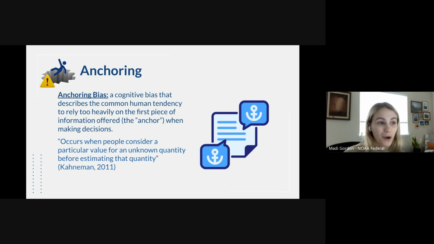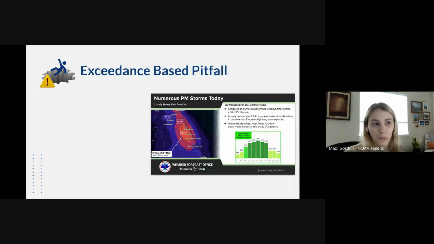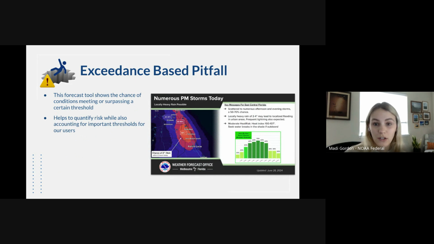So this is problematic with our exceedance-based information here. When we are showing the chance of conditions meeting or surpassing a certain threshold, we don't actually have a way to really quantify the risk very well. And so that helps quantify our risk, but when we don't actually have the most likely forecast information up front and center, this is misleading.